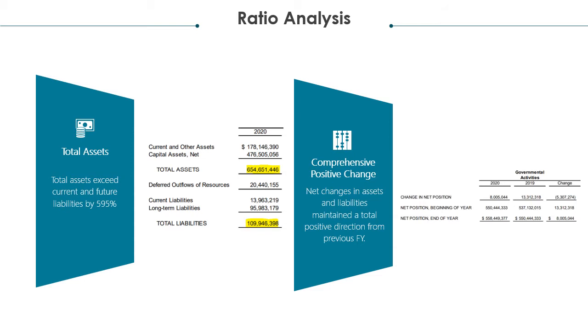And then also their comprehensive positive change, which is basically the position of the city at the beginning of the year and the net position of the city at the end of the year, was also positive, with the city finishing at a net position of 558.4 million versus 550 at the beginning of the year.